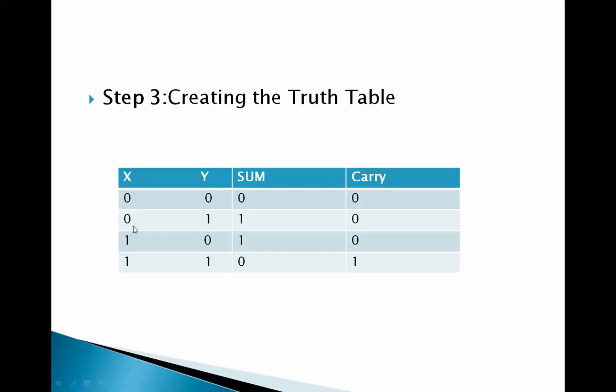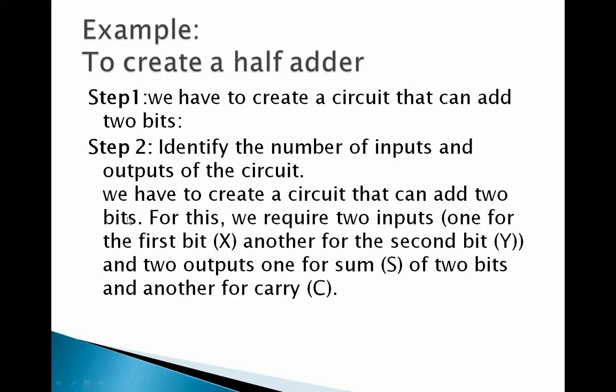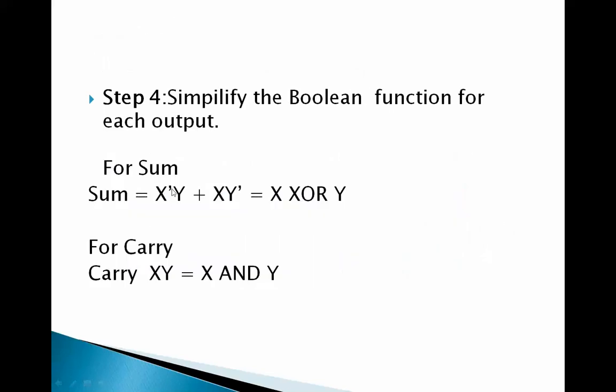In SOP form, x as 0 is represented as x complement, and y as 1 will be represented as y. So therefore we will write it as x complement y or x y complement. That is actually the functionality of x XOR y.